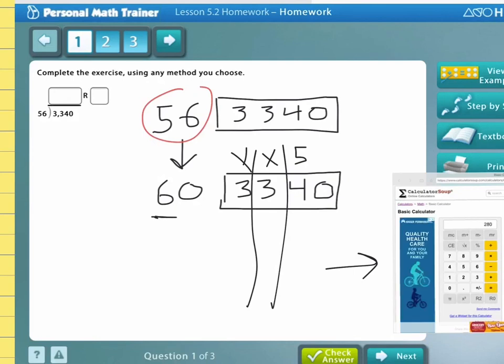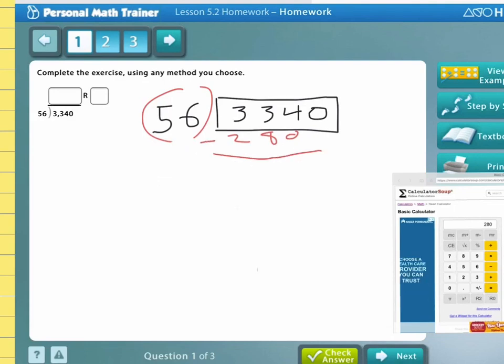So if I put 280 here, is the difference going to be more or less than 56? That will tell us if it is an overestimate or underestimate. 334 minus 280, regrouping that, we get a difference of 54. So that was a good estimate, and we're going to use 5 as our initial number in the quotient.